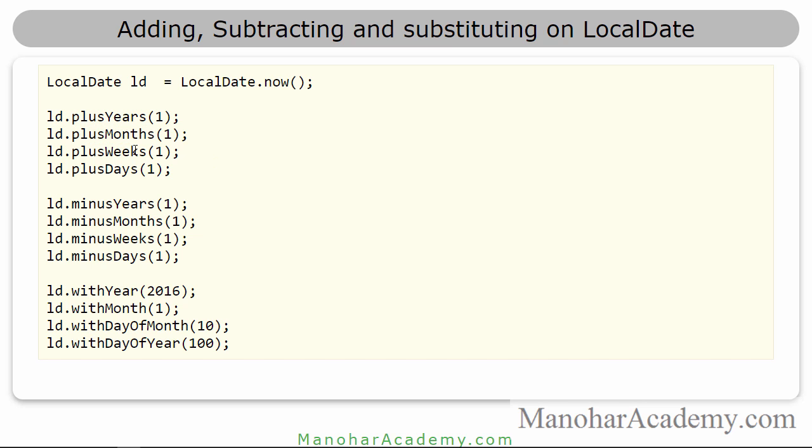Okay, so if you call the method plus months by giving 2, it may give you a different result from calling plus month 2 times. So you can practice that in the IDE and you can see the difference for yourself. That is because all the months have a different number of days, right? Because of that reason, it is going to behave that way.